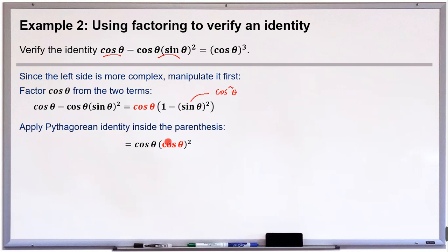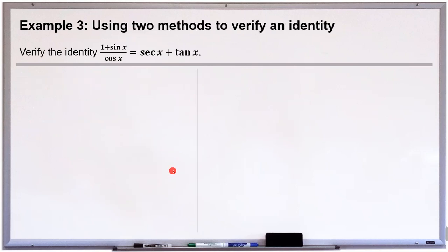So then the resulting expression becomes cosine theta times cosine theta squared. And lastly, using the law of exponents, we have cosine theta cubed. And as you can see, we have just proved that the left side of the equation matches the expression on the right side, and it is verified.